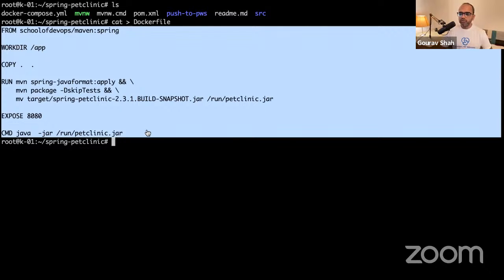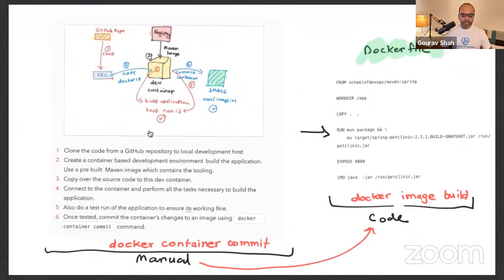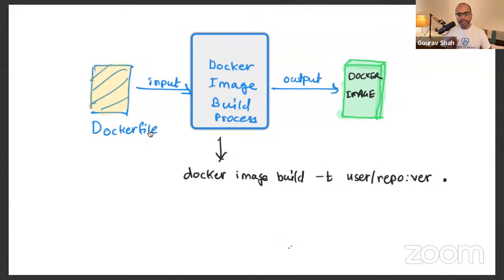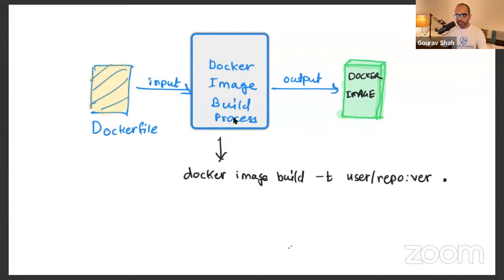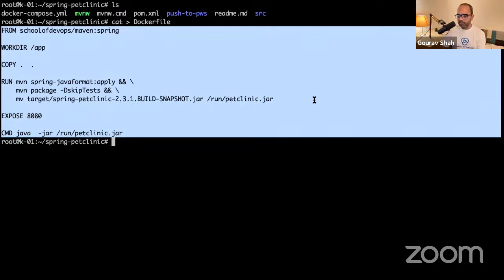So let me feed this to an automated process, which is going to be my Docker image build command. And this is how I use it. When I provide that as an input to the Docker image build process, what I get as an output is a container image, the Docker image. That's what I'm going to demonstrate to you now.